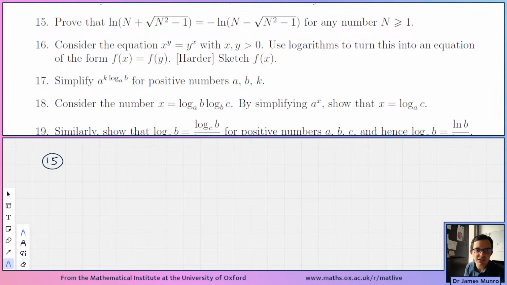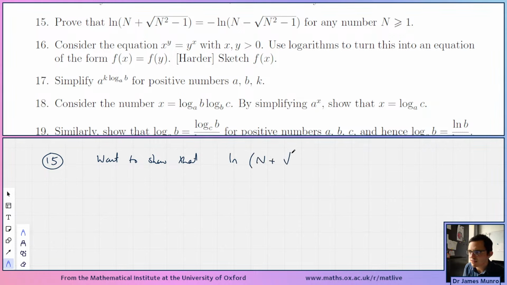Okay, so 15 asks us to prove something about these natural logarithms. I think this is probably true for any logarithm base anything, but the question says natural logarithms, so we'll go with that. There's a plus or minus sign thing going on, so I think we want to show that, and then I'll write out what we want to show.